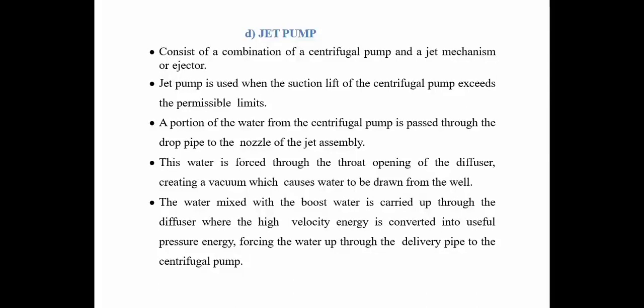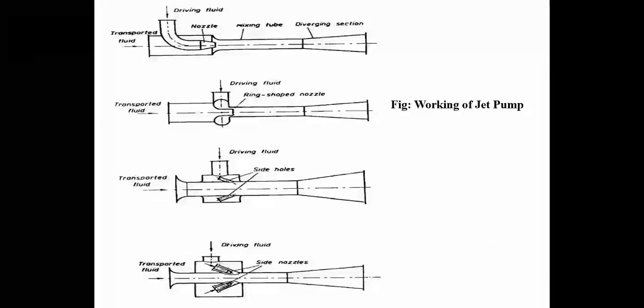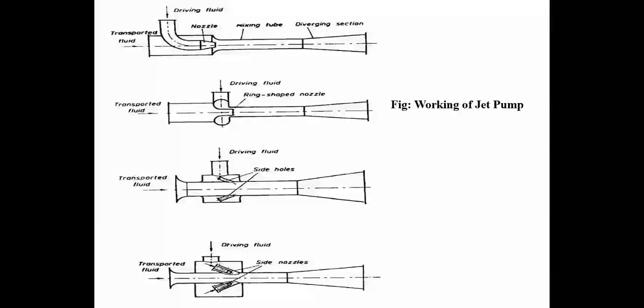A jet mechanism is there with a nozzle, and this nozzle will exert high pressure fluid into the pump, and due to the pressure of this high pressure fluid, the remaining fluid will be forced into the centrifugal pump. So this is the thing happening here. These are the different arrangements or working of the jet pump. Here a driving fluid or water is applied through a nozzle.